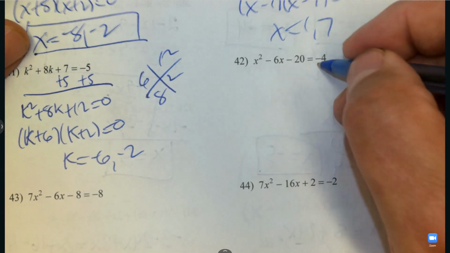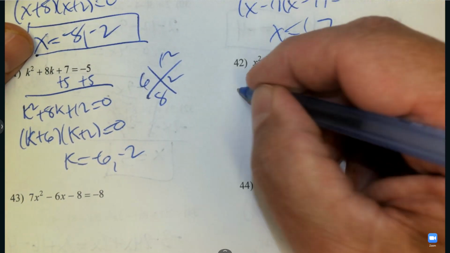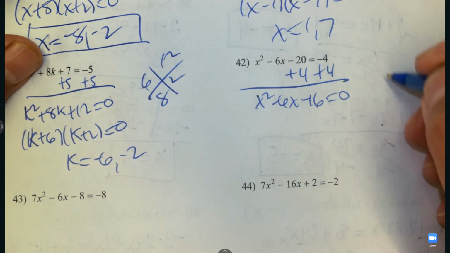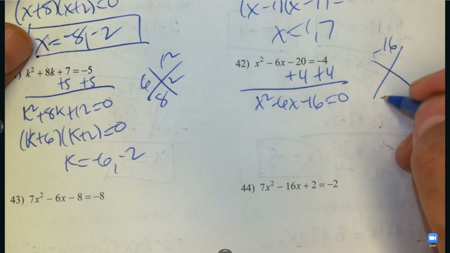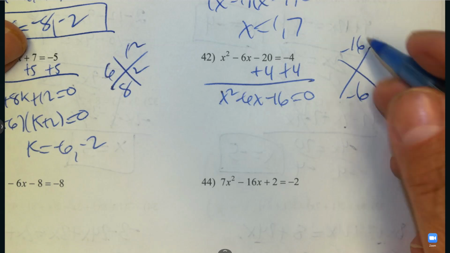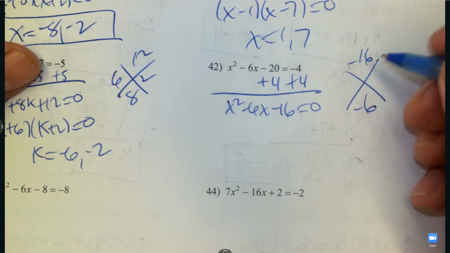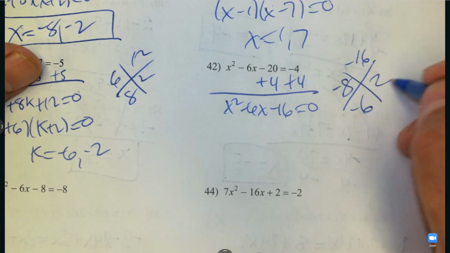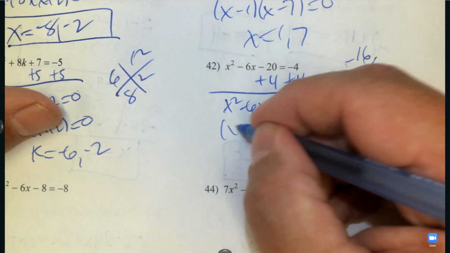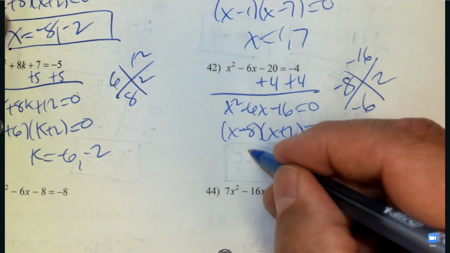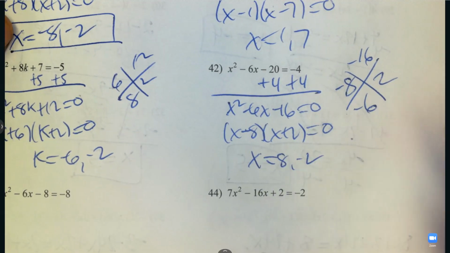Okay, it has to be 0, so add 4. So the two numbers that multiply to negative 16 and add to negative 6, negative 8 and 2. The opposite numbers make 0.